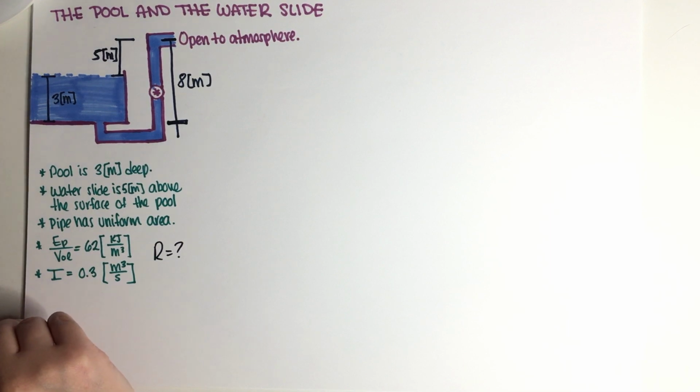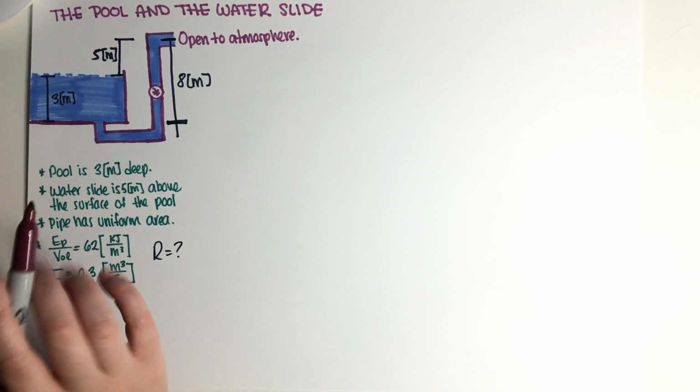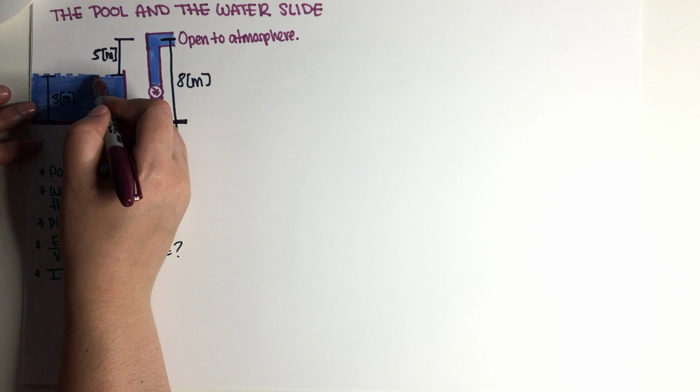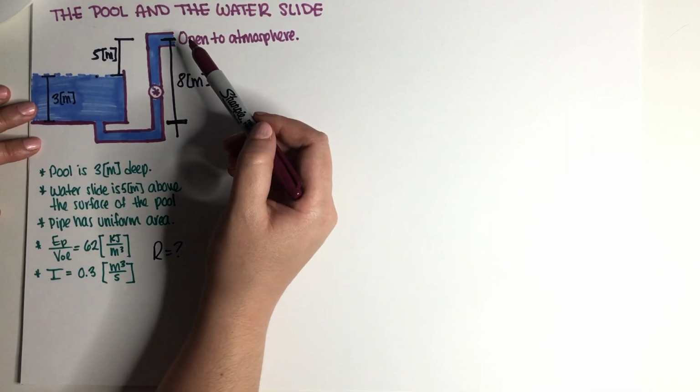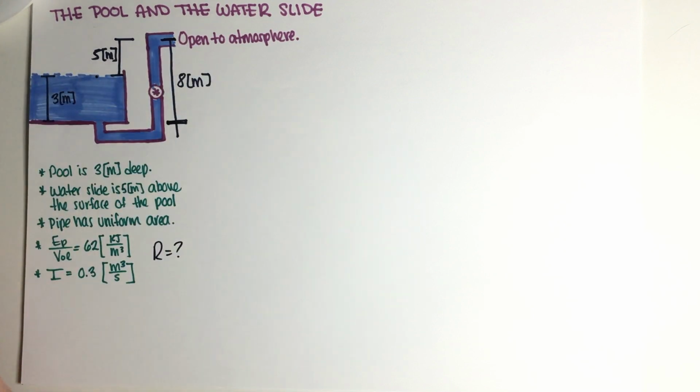If I use my Bernoulli equation, first of all, I can't really use it from the top of the pool to the top of the water slide because, again, they are two different fluid systems.